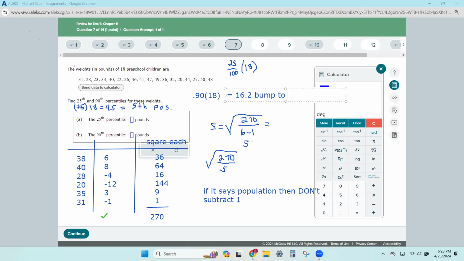Bump to 17. 17th position. So this is the 90th percentile. And this is the 25th.